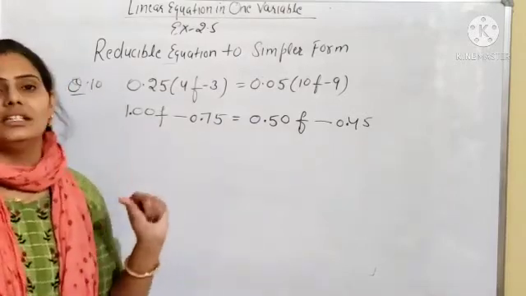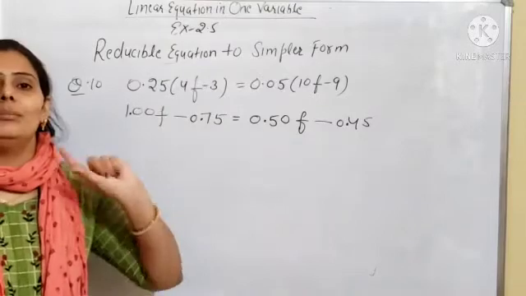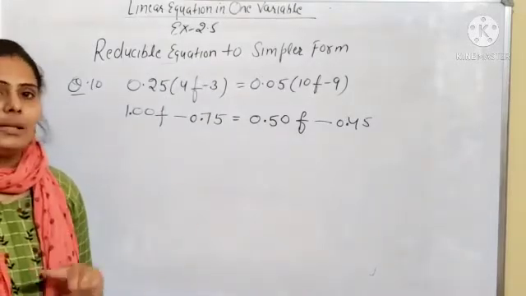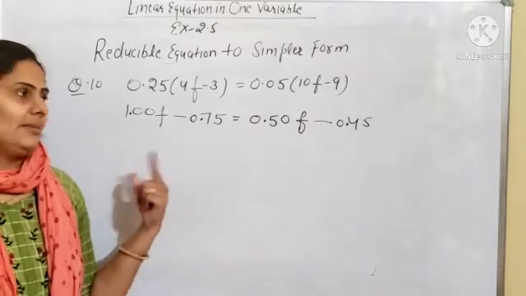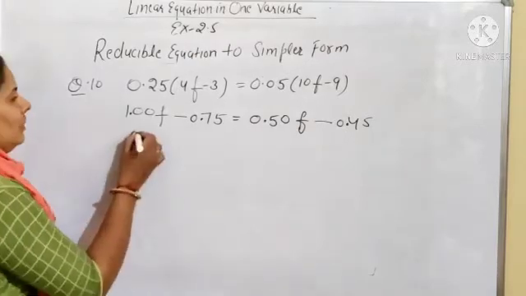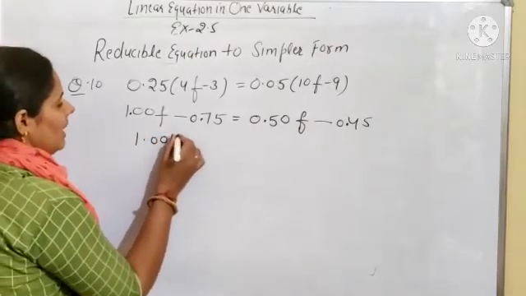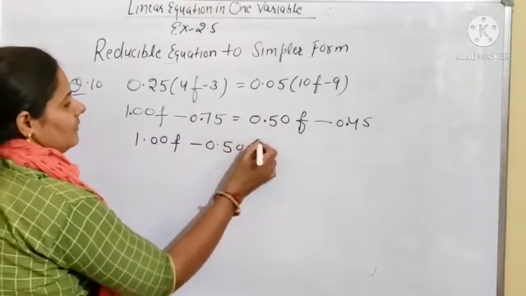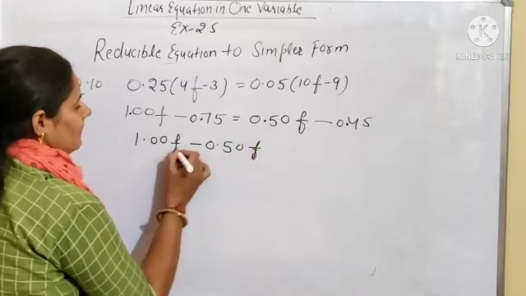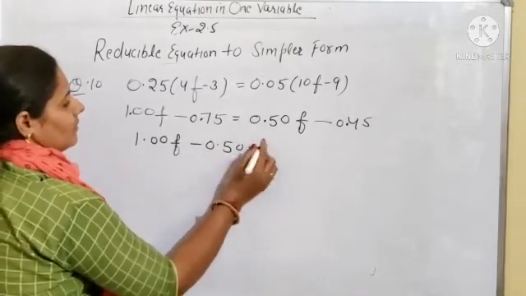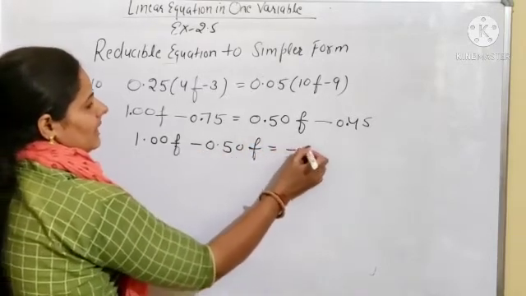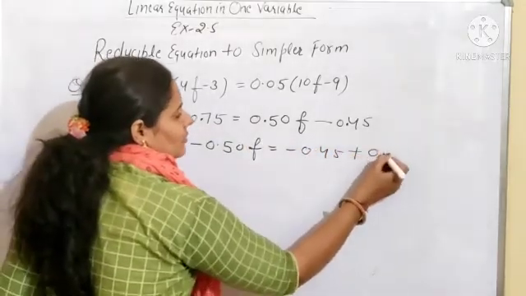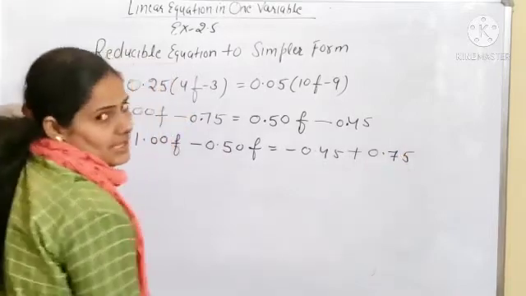Now you can see both the sides, left hand side and right hand side, the f variable is given. So what will you do in the next step? Simply you will take all the variable terms to one side. So it will be 1.00 f minus 0.50 f is equal to minus 0.45, and 0.75 you will take to the right hand side, so it will be positive 0.75.